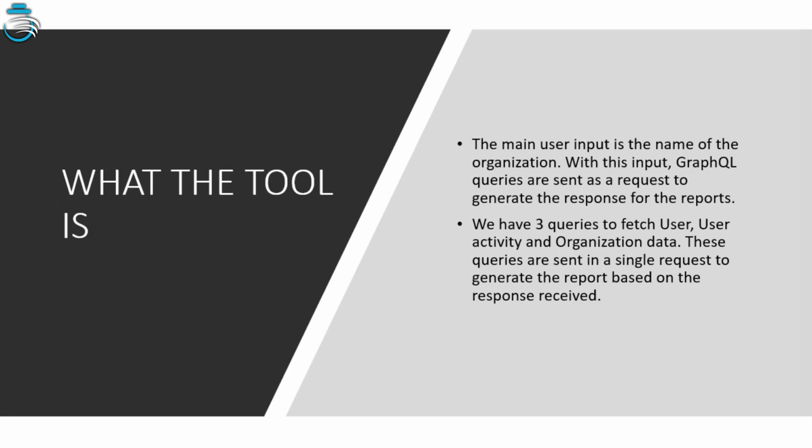All those details will be put in the report. There are exactly three queries inside this application. Each query will fetch either user activity or organization data, and they're sent as part of a single request to generate the report we require based on the response received.